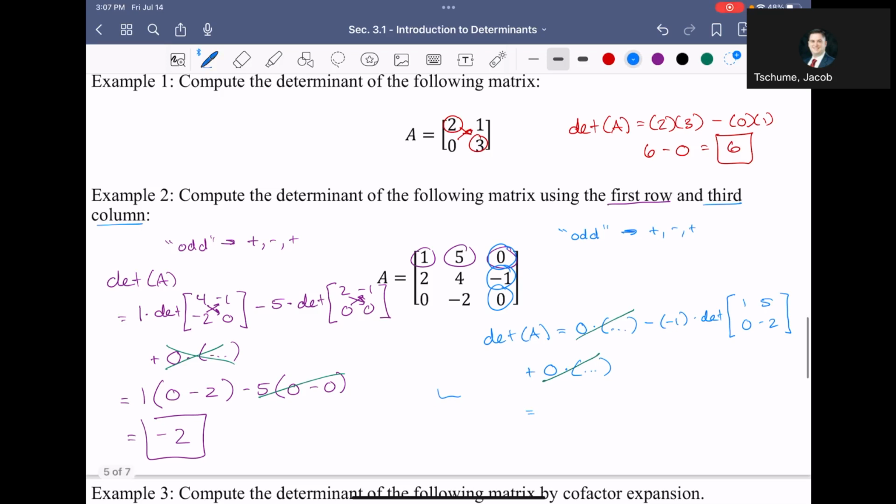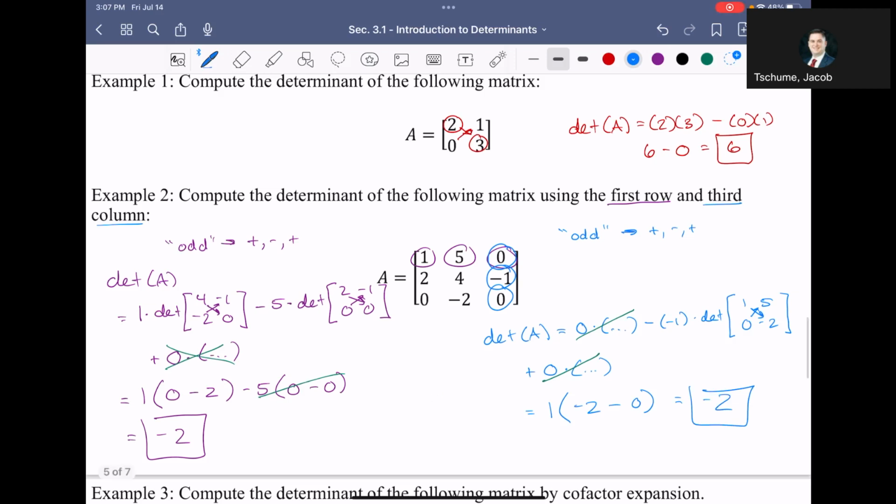So that's going to be a +1 times the determinant of this 2 by 2. 1 times -2 is -2, minus 0 times 5 is 0. And I know that if I take 1 times -2 minus 0, I get an answer of -2 again. And so both of those are correct answers. It's really just a matter of which one you prefer to do.